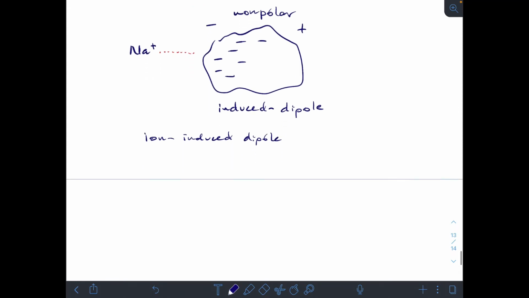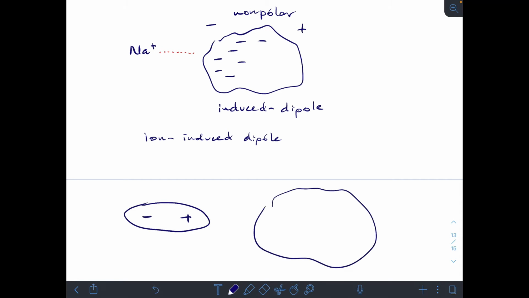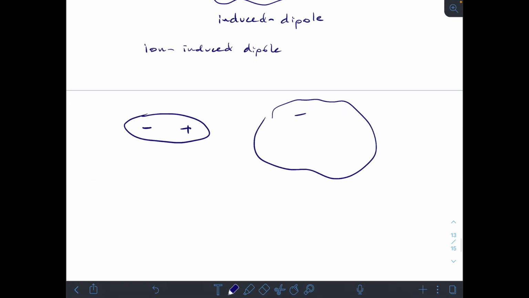Now the same thing can happen using a polar molecule. Let's see if we have a polar molecule of some sort, and we have an electron cloud with its negative charges. The same sort of thing can happen. We have a dipole that is going to pull on the electrons in that cloud. So the dipole will force the cloud to become polarized.